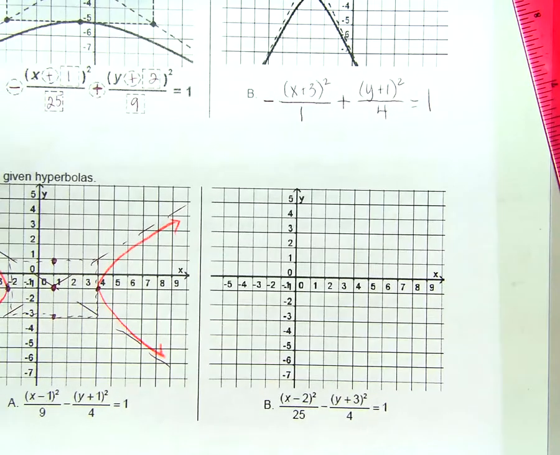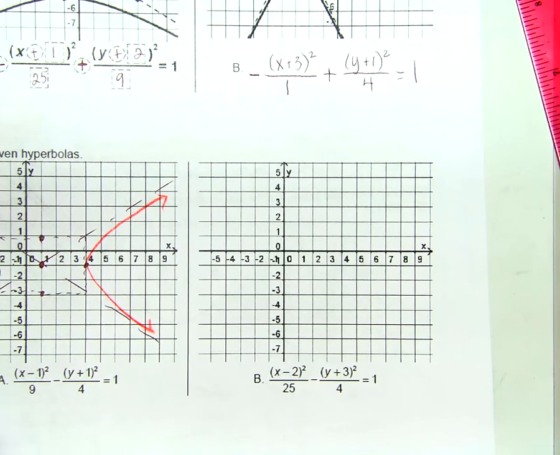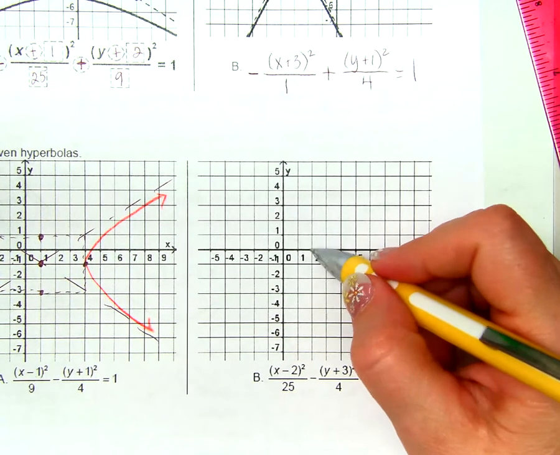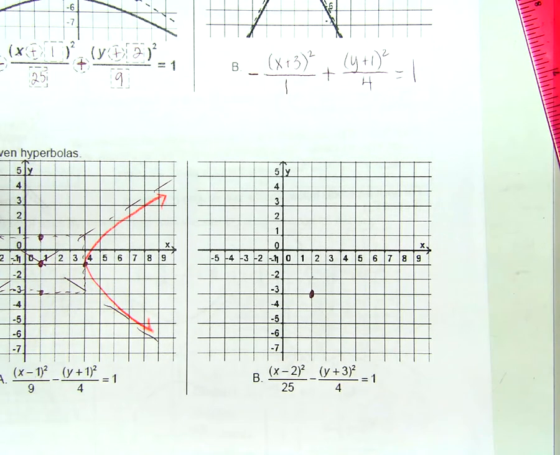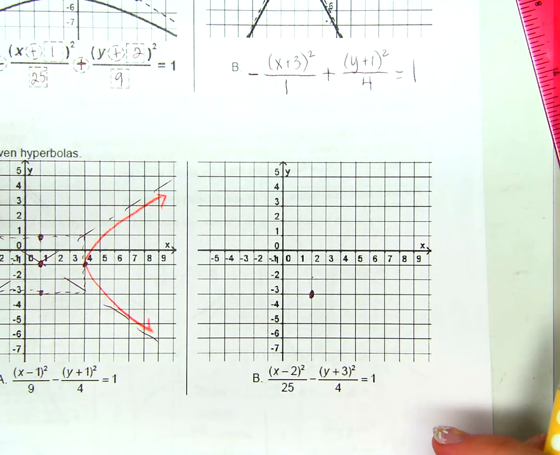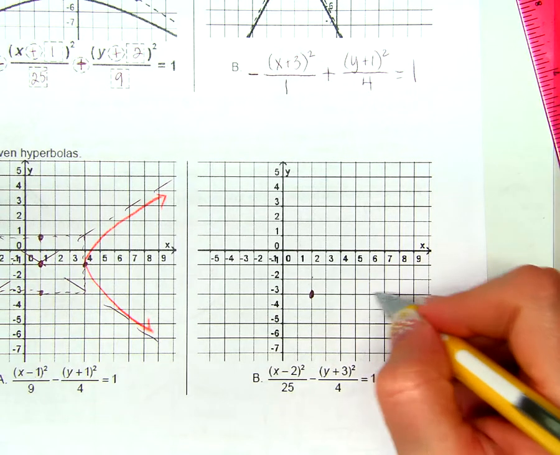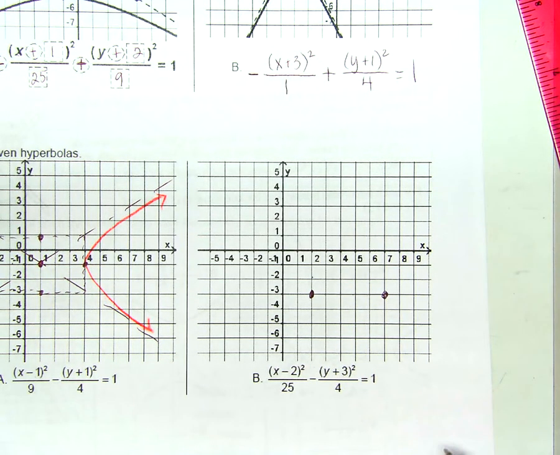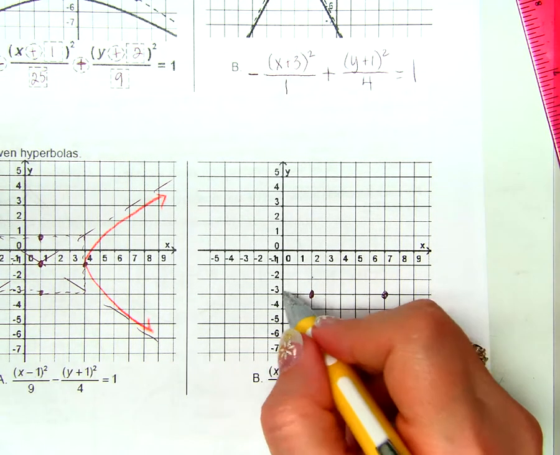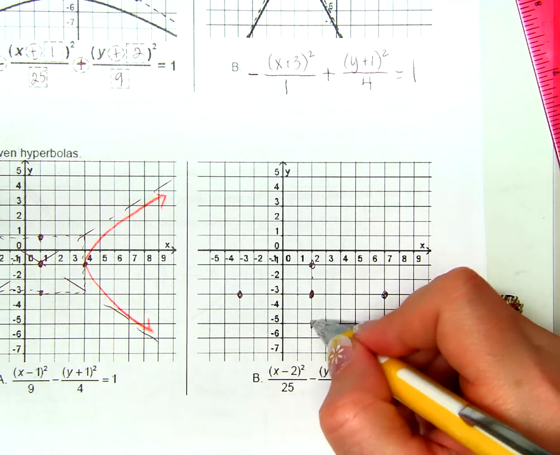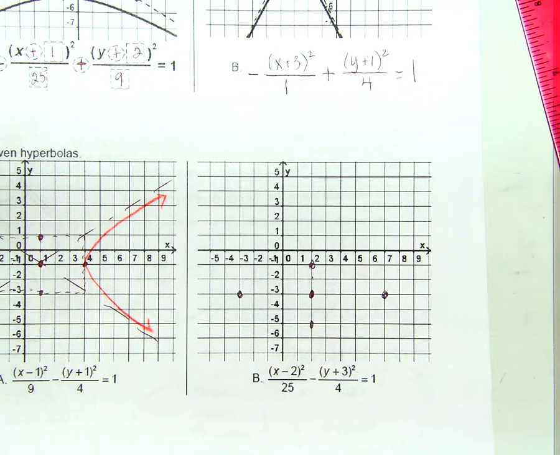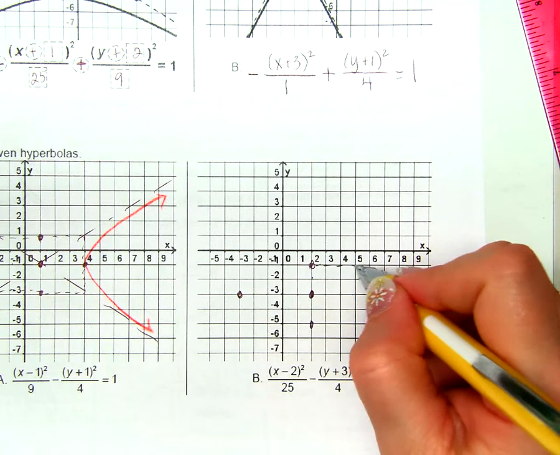Ready to go on? Okay, where is the center? 2, -3. Tell me what's next. 5 right. Okay, did it. 5 left from the center. Did it. 2 up and down. 2 up, 2 down from the center. Make a box with these dots as my midpoints.